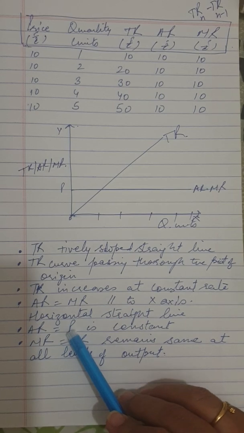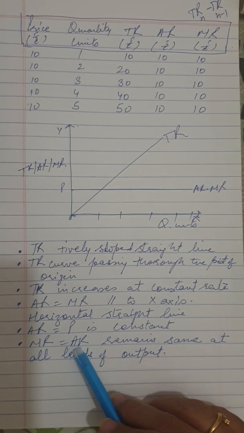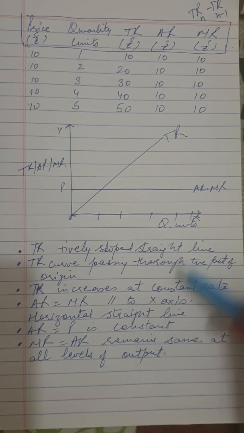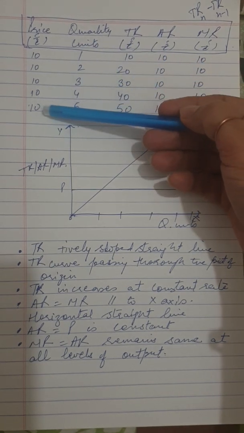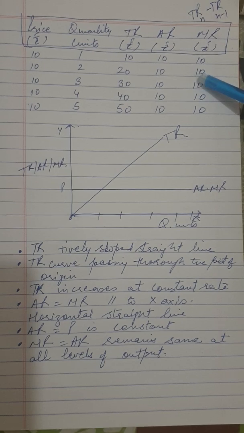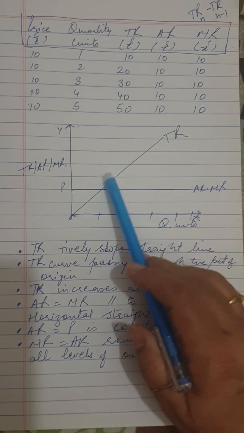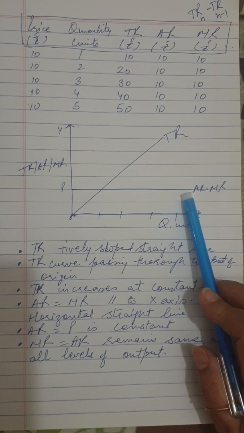AR is equal to price and it is constant. MR is equal to AR and remains the same at all levels of output. When price is constant, AR is equal to MR, which remains the same at all levels of output.